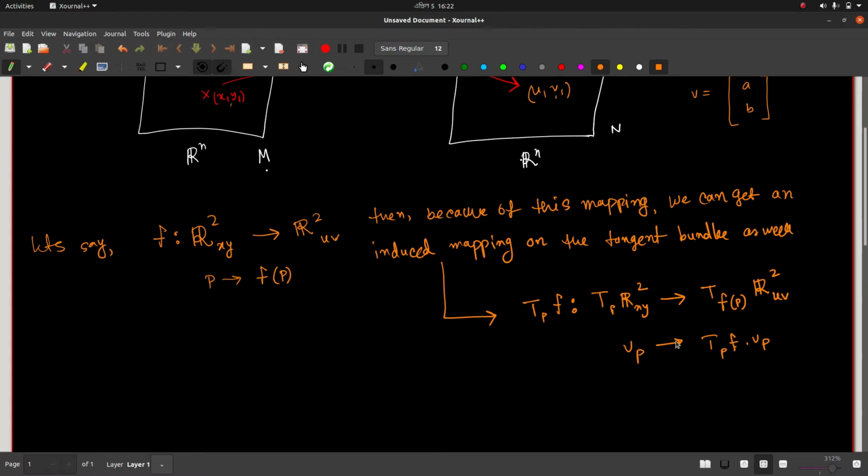And this is actually the push forward mapping, which is an induced mapping that we initially defined. It's coming from the induced mapping itself.